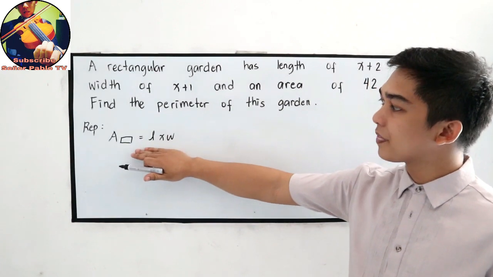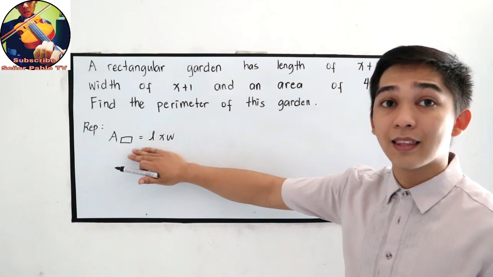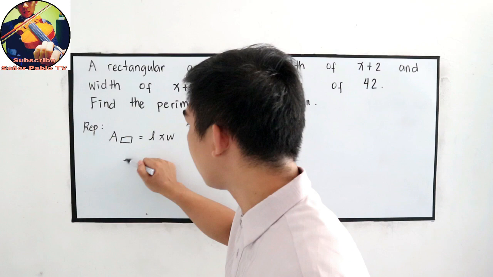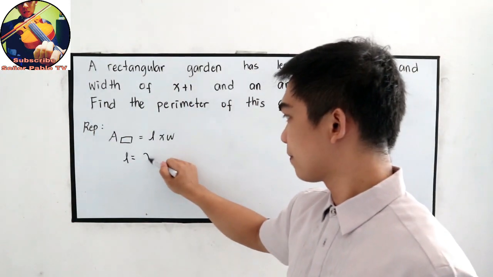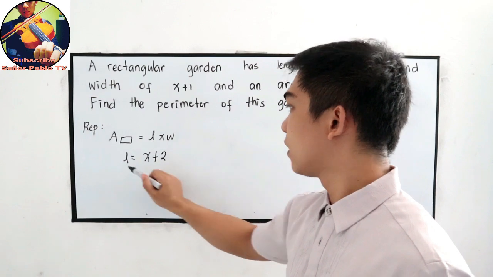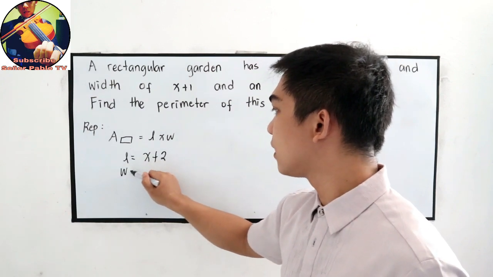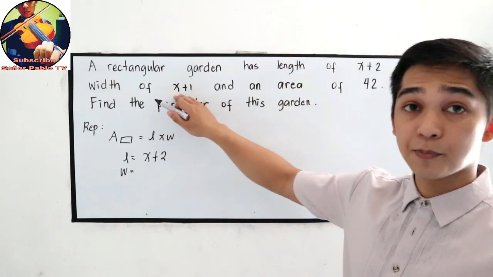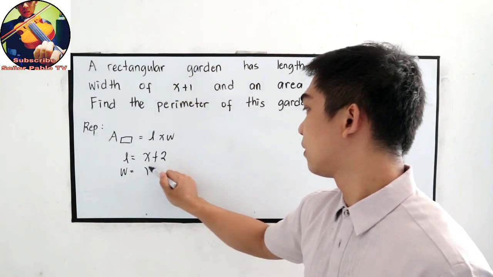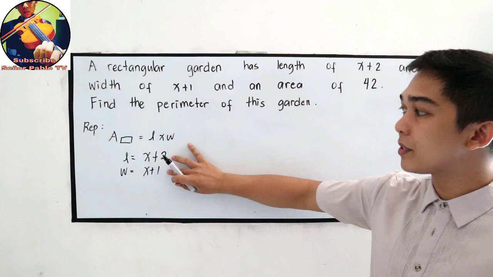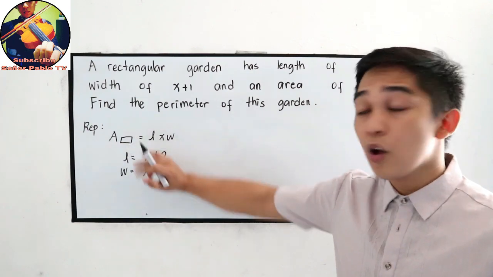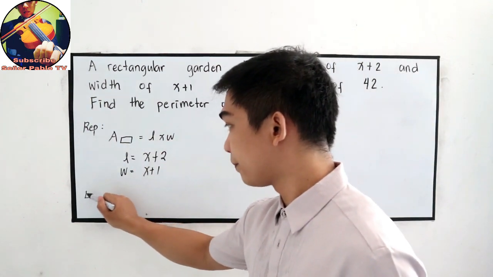Therefore, in our representation, we need to find the length and the width. So length is equal to x plus 2. And width is equal to x plus 1. Following our representation in our formula, we can find our equation.